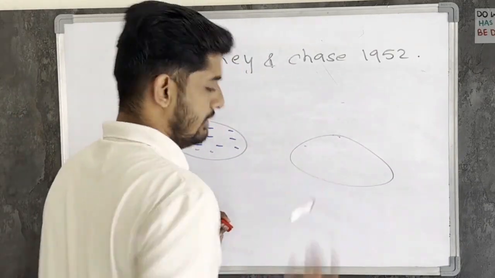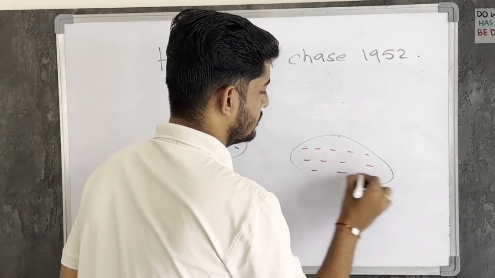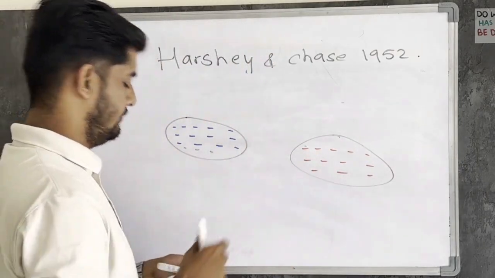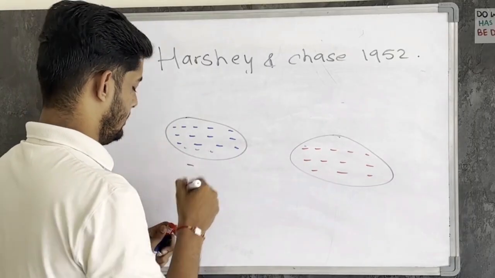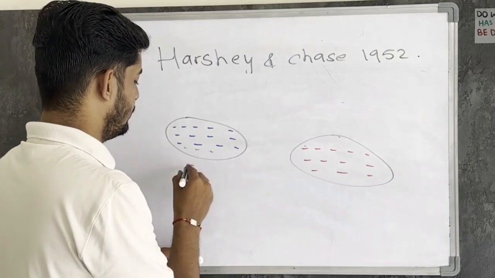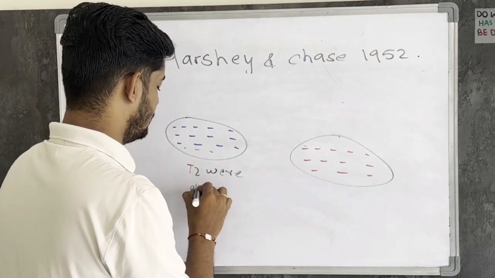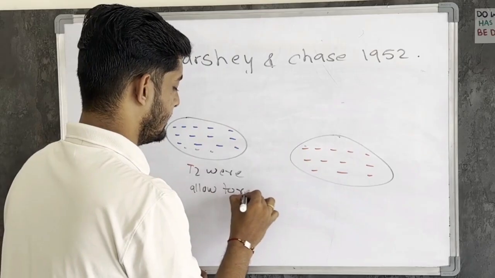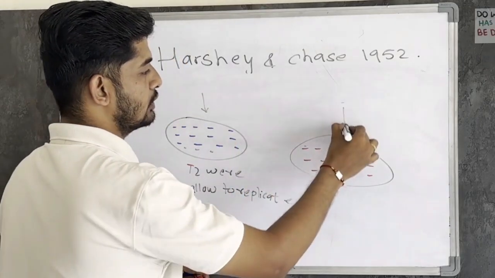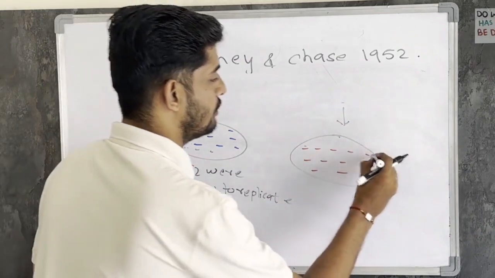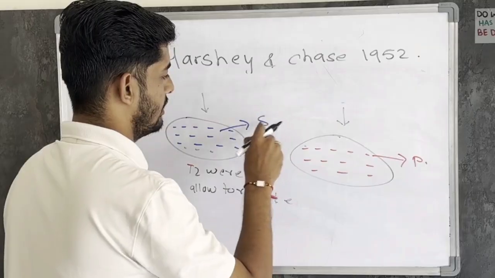Here red color shows the radioactive phosphorus, and normal sulfur was also present. So now these T2 phages were allowed to replicate. This is the phosphorus and this will be our radioactive sulfur.